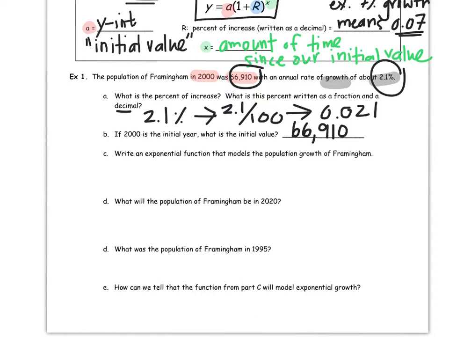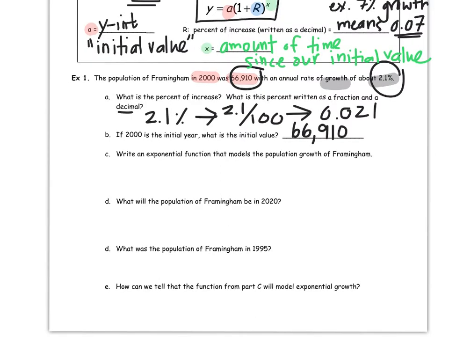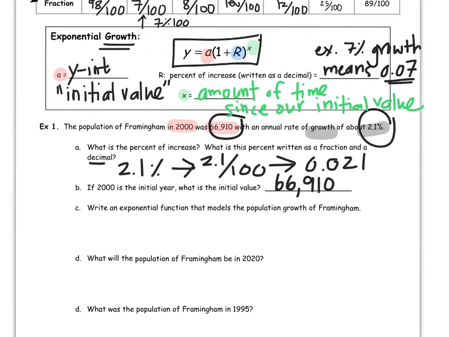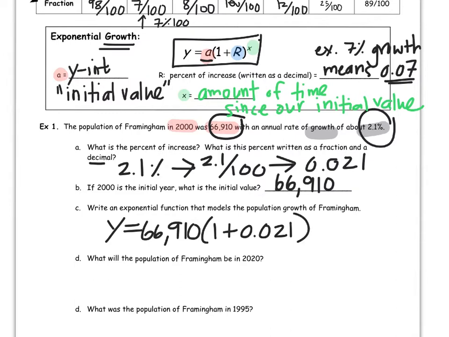Okay, next, write an exponential function. So an exponential function is when I'm going to use what I wrote at the top. I'm still going to start with y equals, instead of a, I'm going to use my y-intercept, or my initial value, that's 66,910. And then in parentheses, 1 plus 0.021, close parentheses. 0.021 came from my r, written as a decimal.